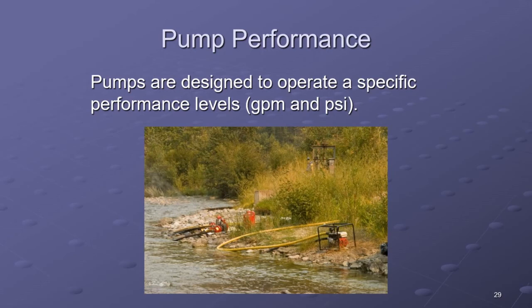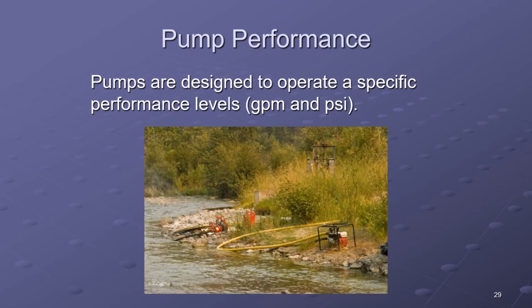Some of them will do them both at the same time, like on your PTO Type 3s. Some of them will, specifically on your auxiliary pumps, a lot of your auxiliary pumps have a very noticeable performance curve, where as my demand for pressure out of the pump goes up, my ability to produce volume goes down.